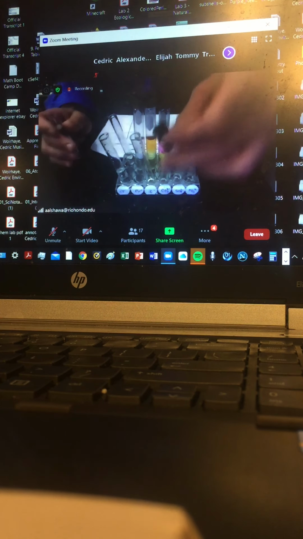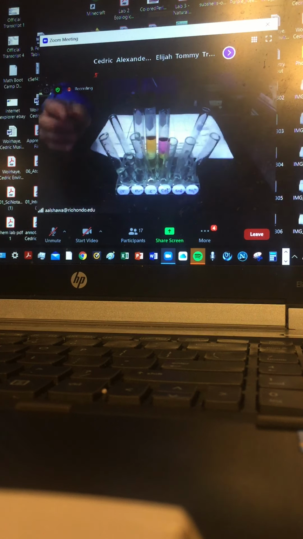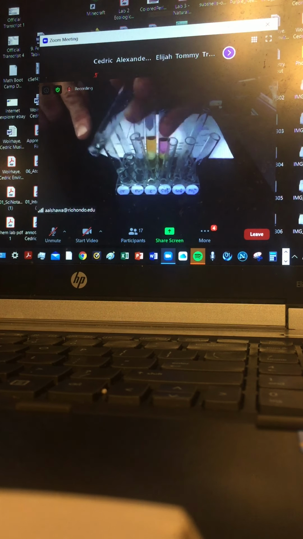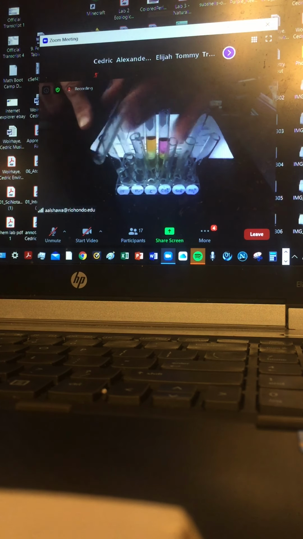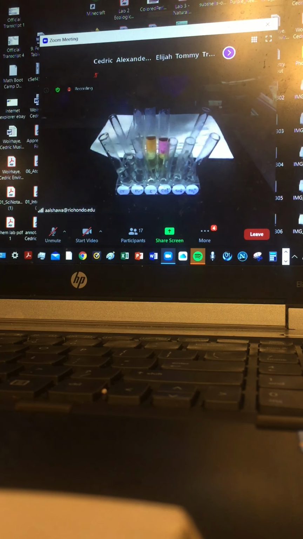So I want to cap them a little bit. Okay, so let's react. So I got bromide, and I've added chlorine water. So let them react first. Then I want to add hexane layer.